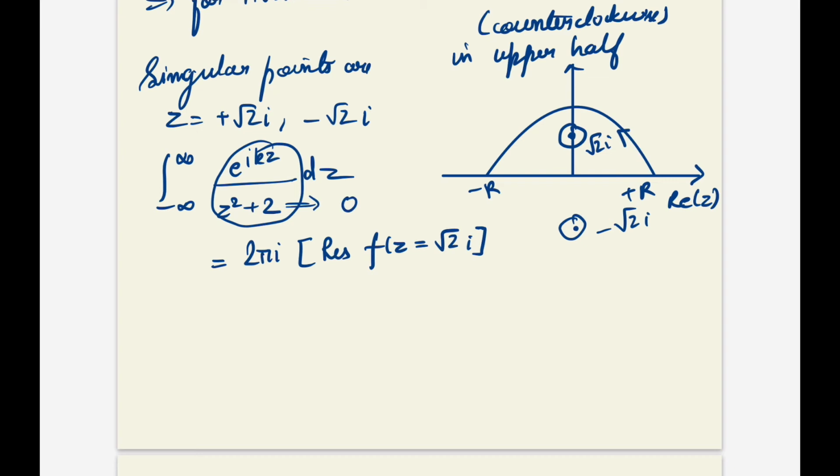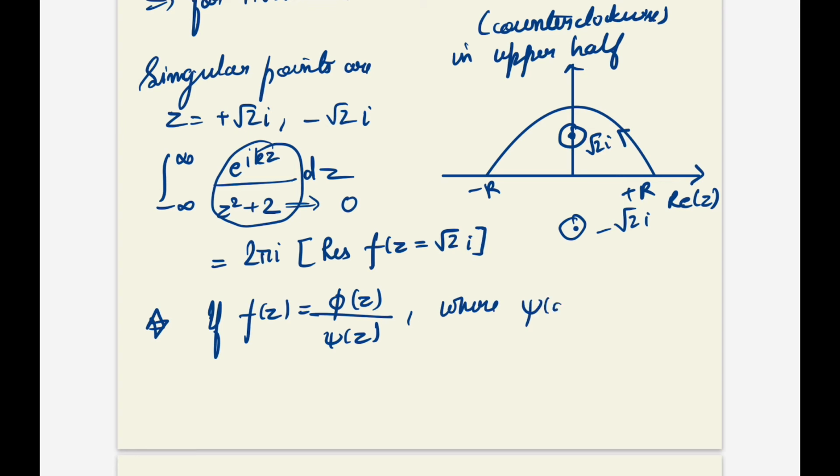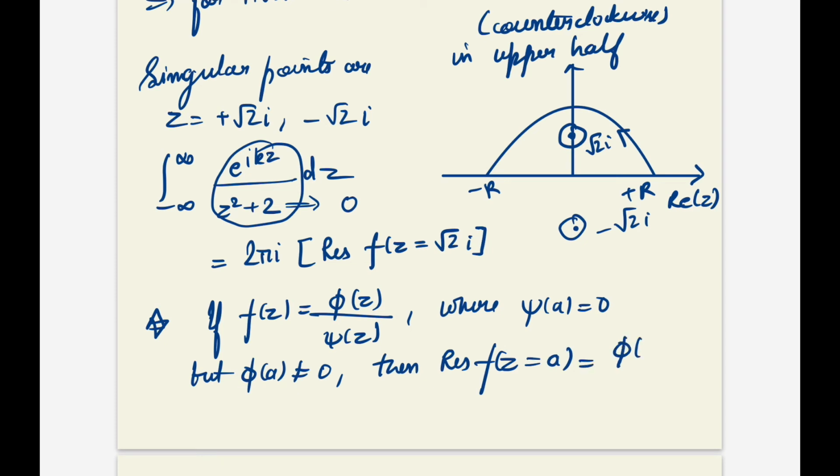For such cases, the denominator is differentiated. So the concept to be learned is: if f of z is equal to phi of z over psi of z, where psi of a is equal to 0, that is the denominator is 0, but phi of a is not equal to 0, then the residue of f of z at z equals a is phi of a over psi prime of a.